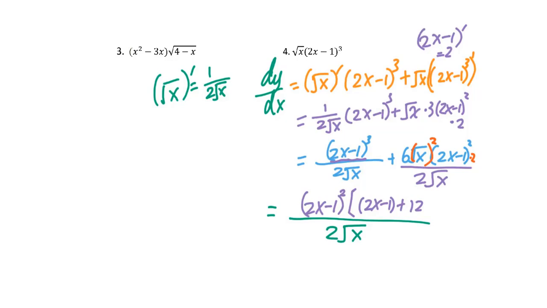Square root of x squared is x. Then we organize. You will get 2 square root of x. Look at the top. It will be 2x minus 1 squared times 14x minus 1. Then this will be your answer.